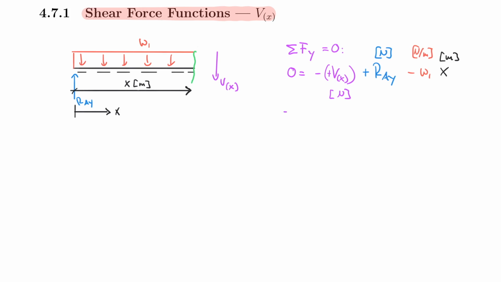So I can say that my V of x is nothing else than plus RAY minus W1 times x. And the whole thing needs to be multiplied by Newton in this case, or force. It doesn't matter what it is, as long as it follows the units that I used in my example here.